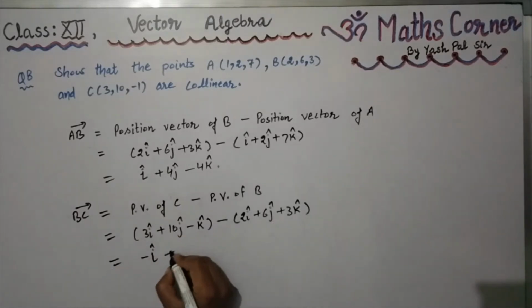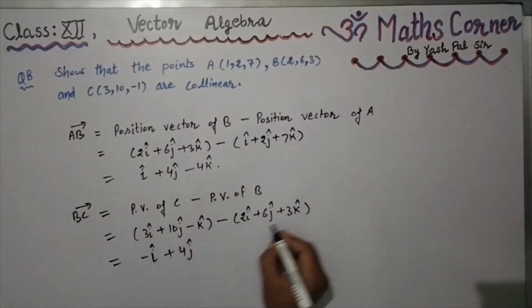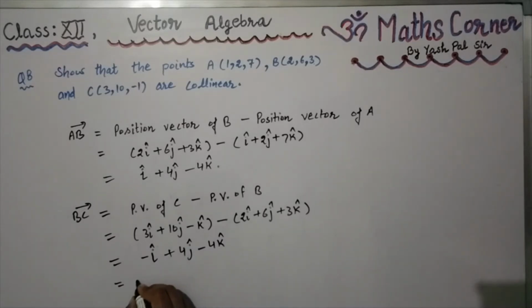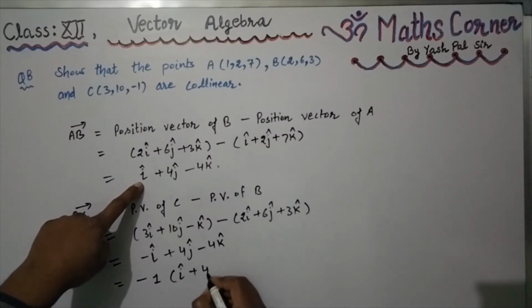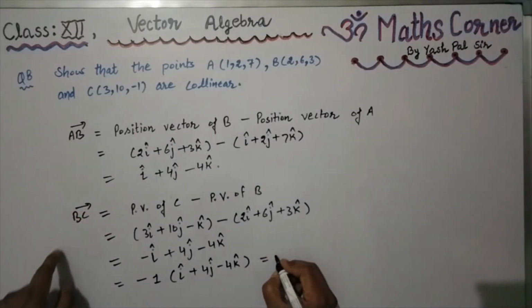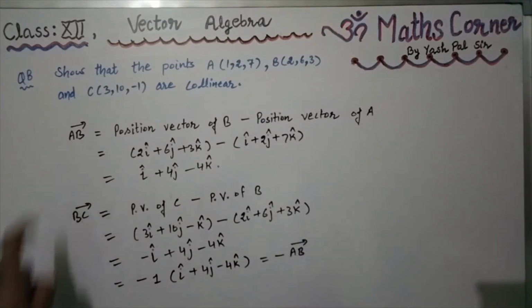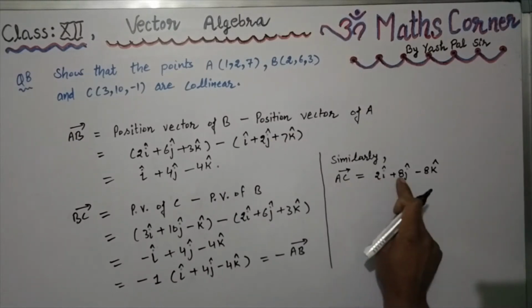Now 3 minus 2 is minus 1i, 10 minus 6 is plus 4j, minus 1 minus 3 is minus 4k. Now if we take minus 1 common, this becomes i plus 4j minus 4k, which is equal to minus AB.